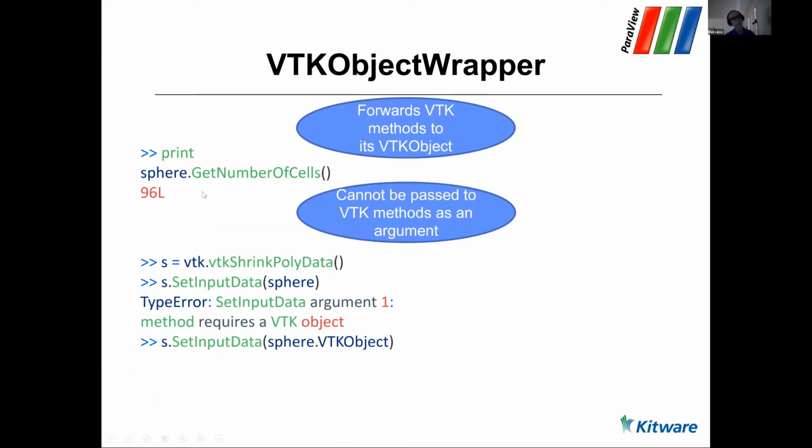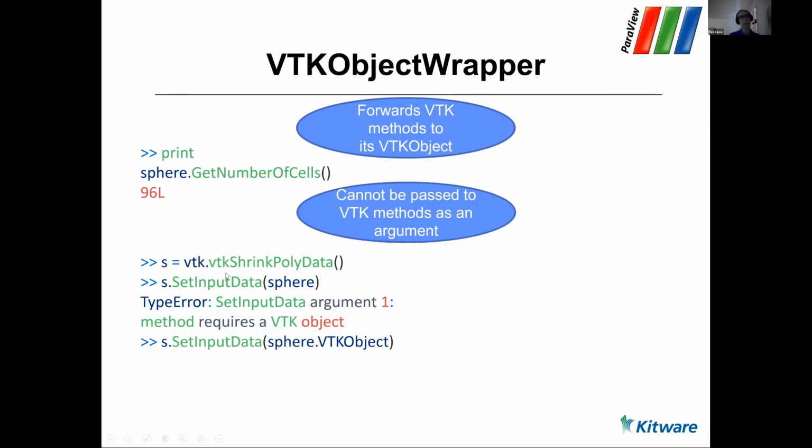So you can call VTK API functions, methods through the wrapped object, but when you pass it to a pipeline, you have to pass the actual VTK object, not the wrapped object. So that's what we show in this additional example.